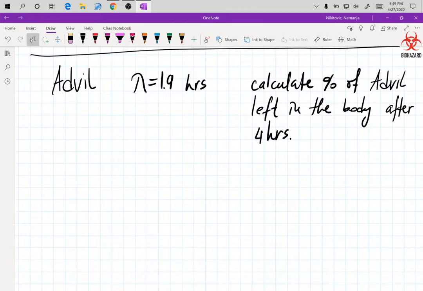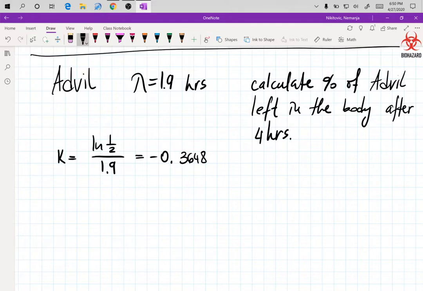So we have our K calculation, which is ln of a half divided by 1.9. That is our standard way to start these problems, where you go ln of 0.5, close the parenthesis, divided by 1.9. That is going to give you negative 0.3648. And now we have our mathematical model for Advil.